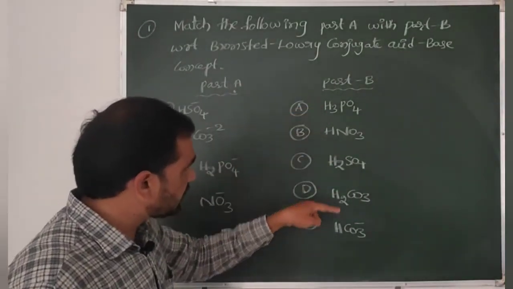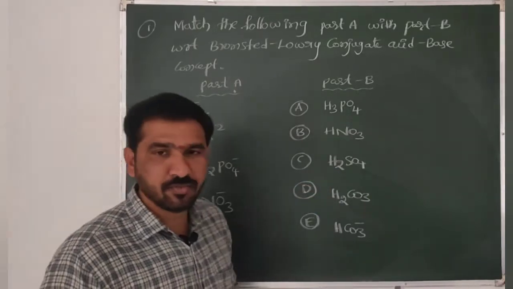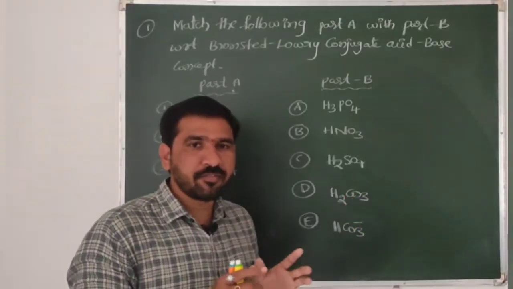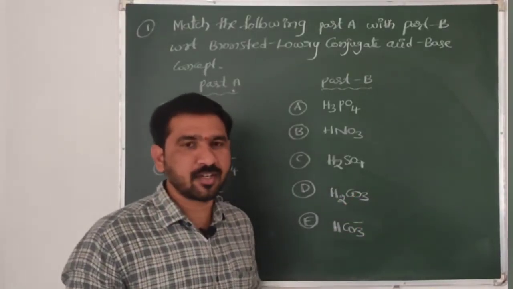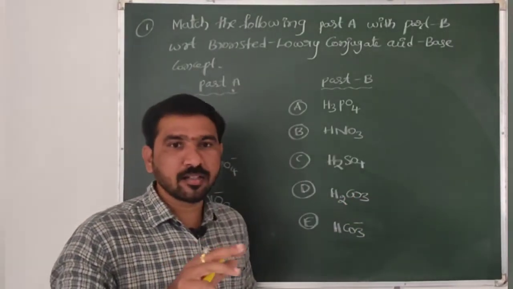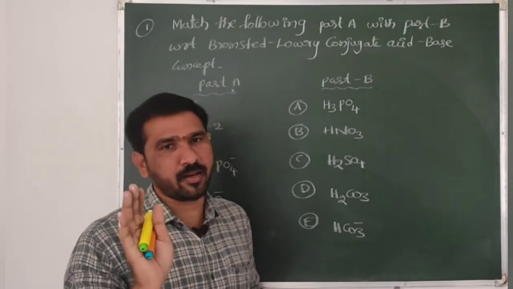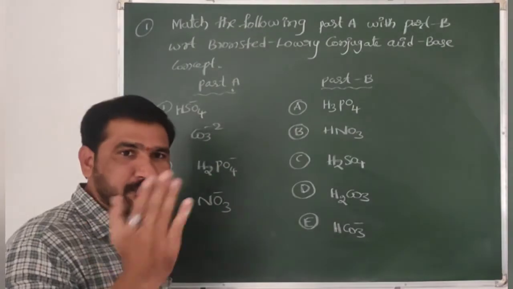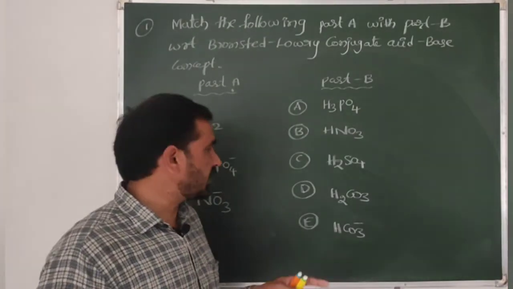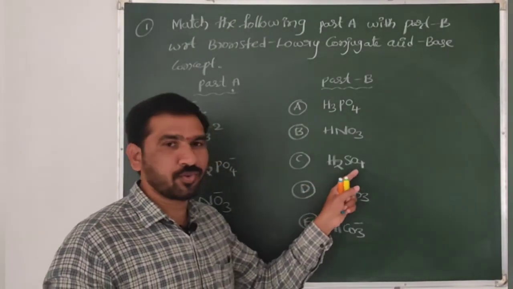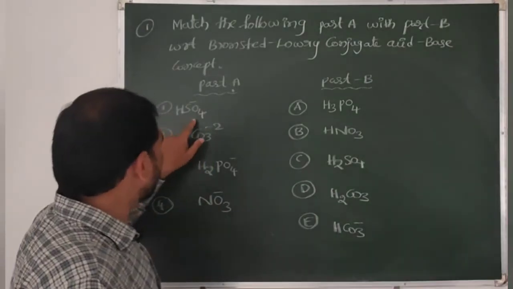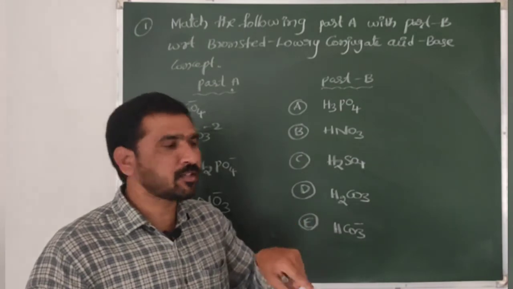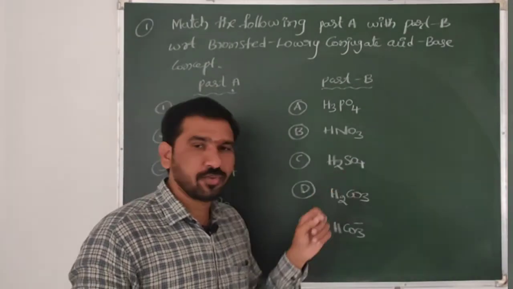Then in this, the compound having H2SO4. It means H2SO4 differs by one proton. That's why this pair is a conjugate acid base pair. But here, beta, when HSO4 minus accepts the proton, it is converted to H2SO4. It means HSO4 minus accepts the proton. That's why it is the conjugate base of H2SO4.